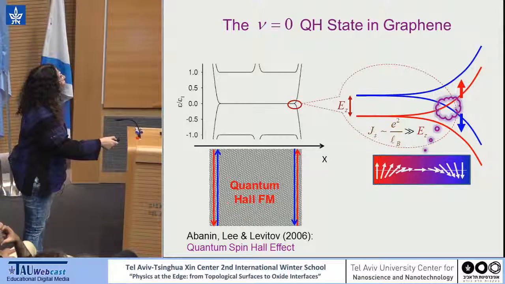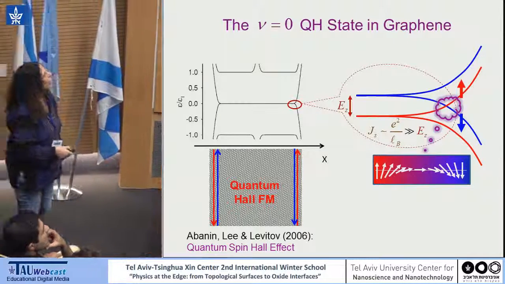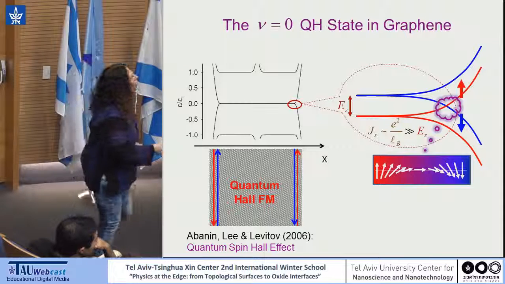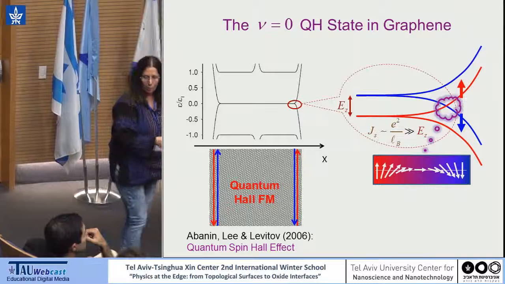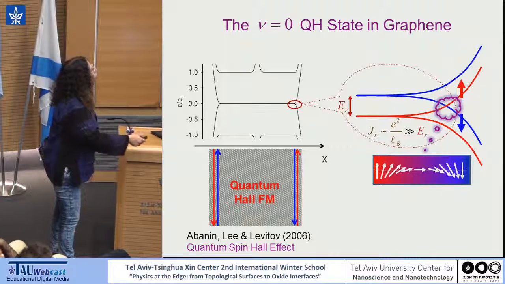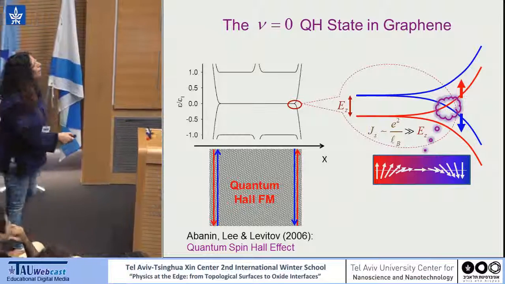But on the edge, this kind of edge structure that you get from the non-interacting picture is not favorable, because the exchange energy does not allow a sharp flip of the spin. So instead, you're going to get a domain wall, which changes smoothly over a very large distance compared to the magnetic length.